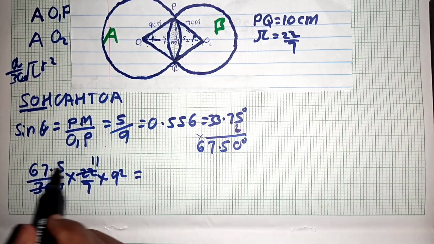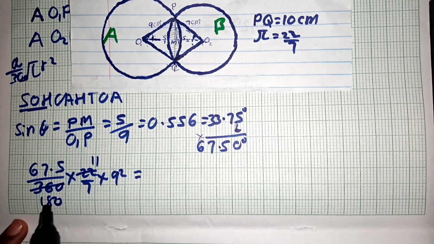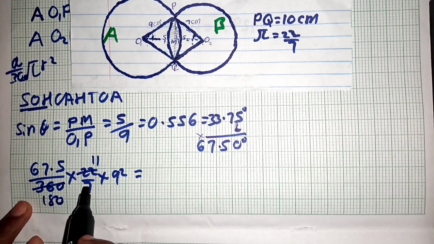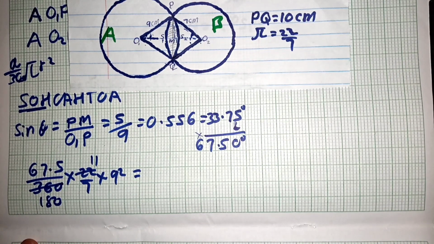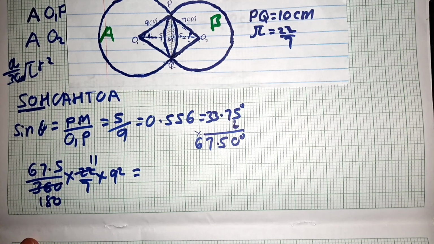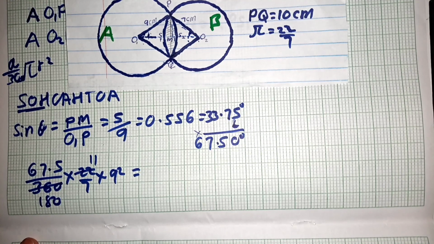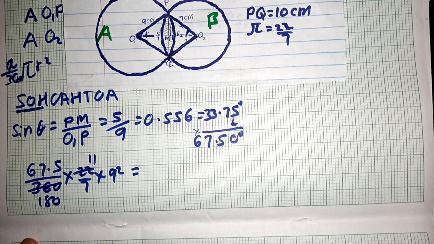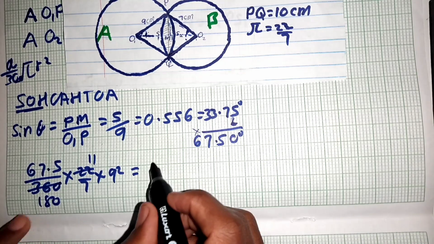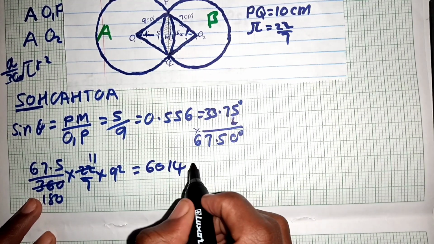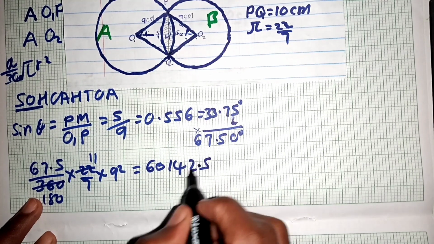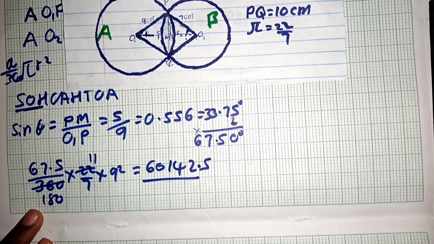So let us multiply the numerators and divide by the product of the denominators. So 67.5 times 11 times 9 squared, which is 81, is equal to 6142.5 divided by 180 multiplied by 7.